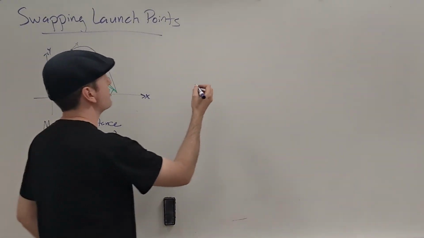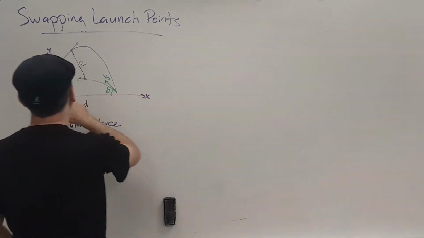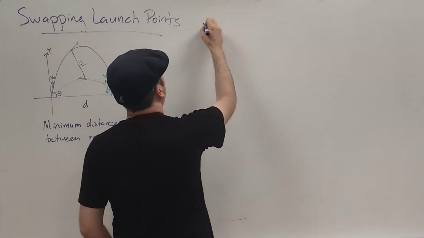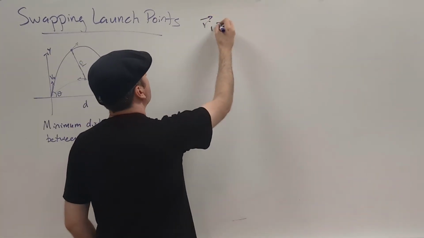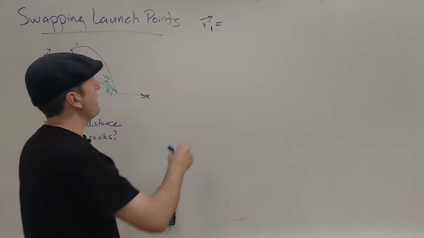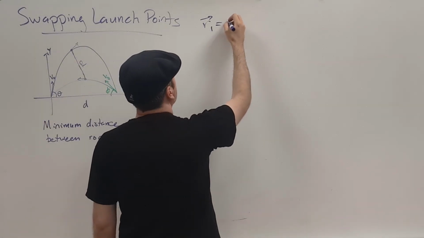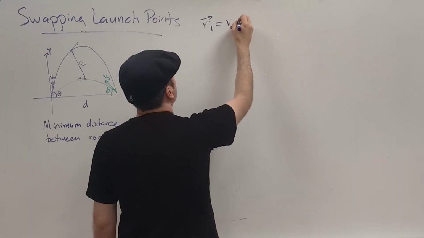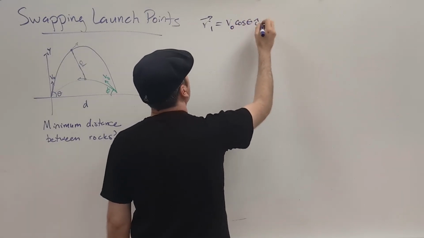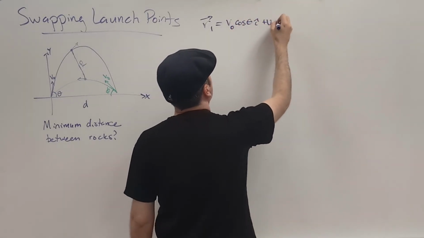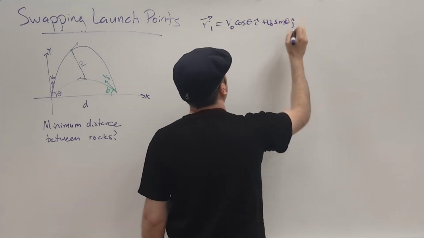And I'm going to do this in a sort of vector notation style. I'll call the one on the left maybe rock 1. And we know it starts at the origin. We know that it's launched at its initial velocity, which is going to be v naught cosine theta in the i hat direction plus v naught sine theta in the j hat direction.